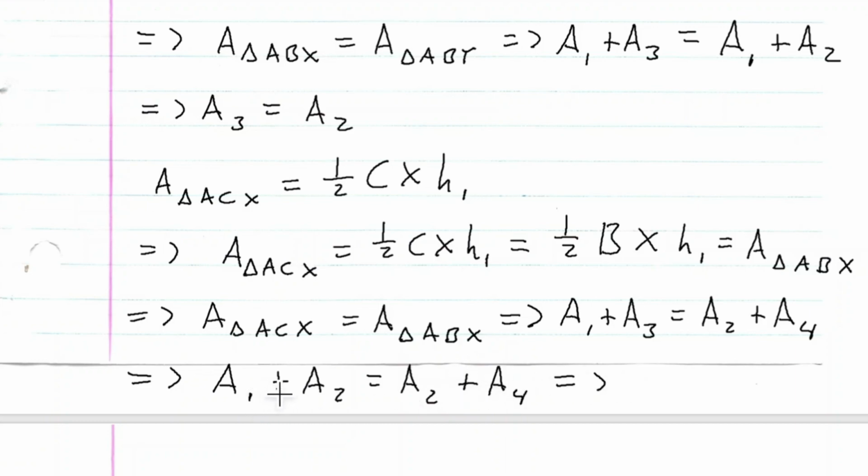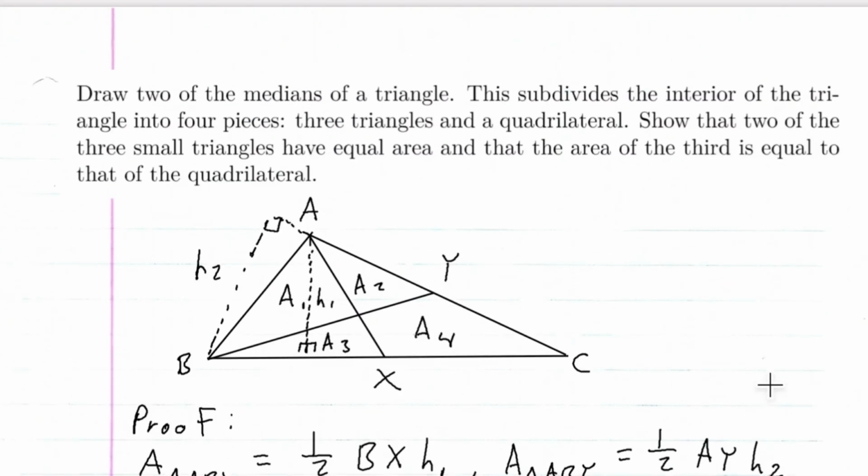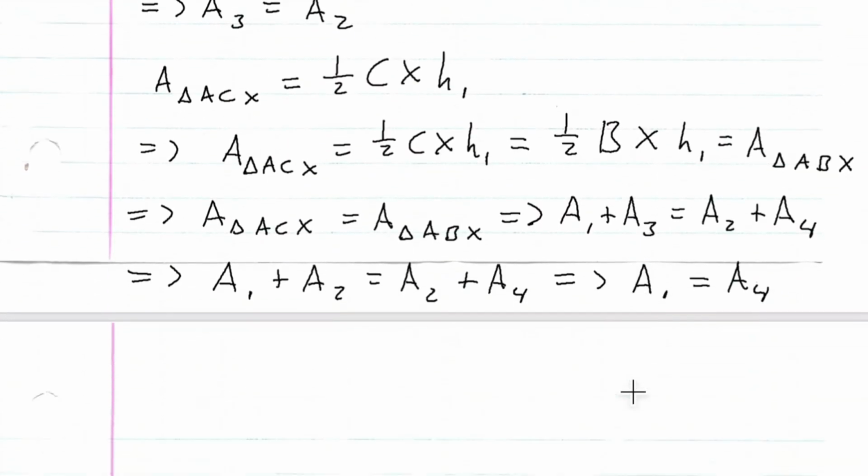Subtracting A2 from both sides, I get A1 is equal to A4. So I proved that these two smaller triangles have equal area, and that the area of this triangle, A1, is equal to the area of this quadrilateral. And that is the proof.